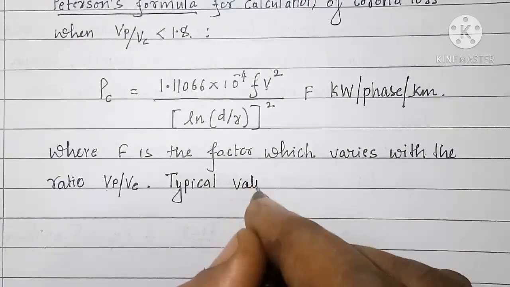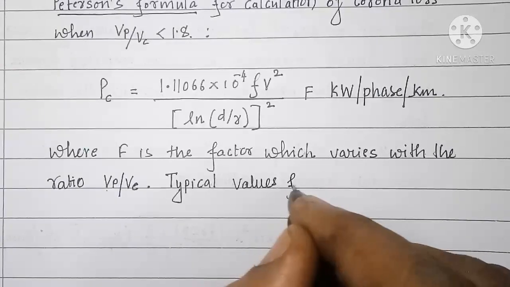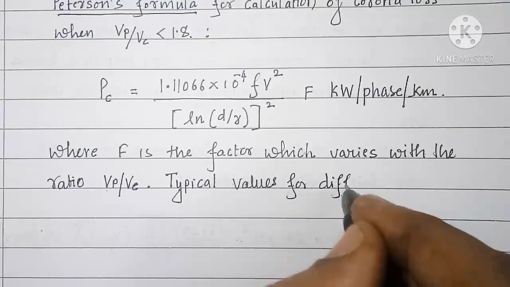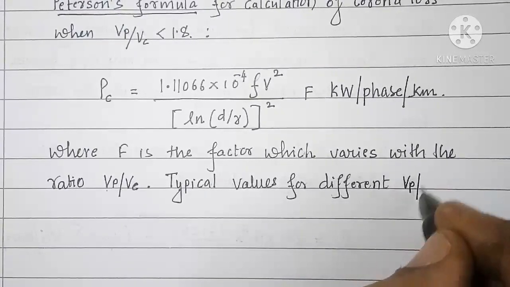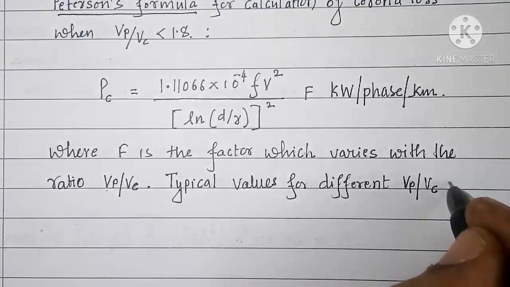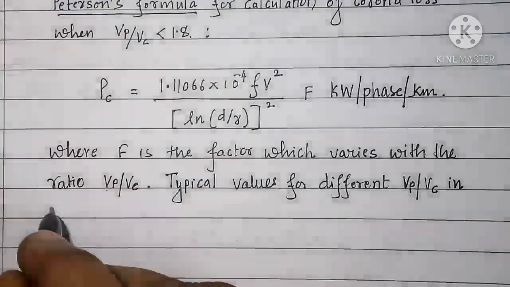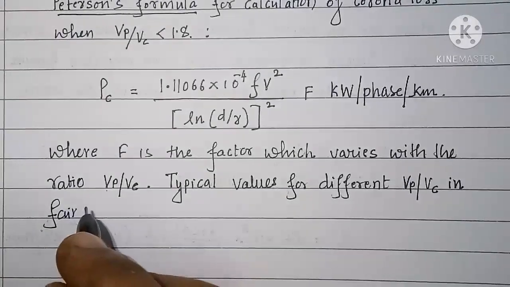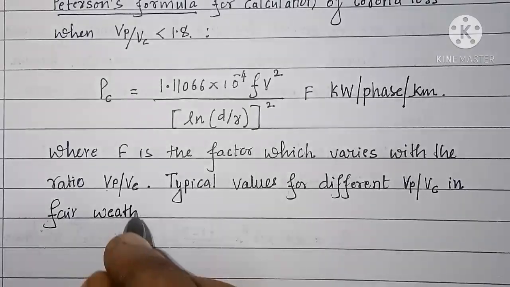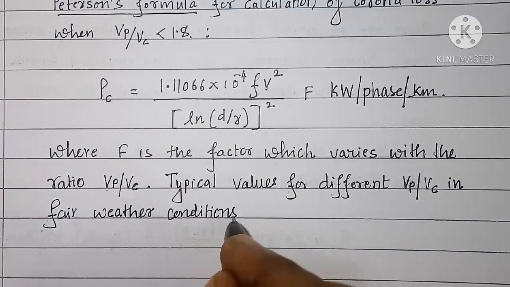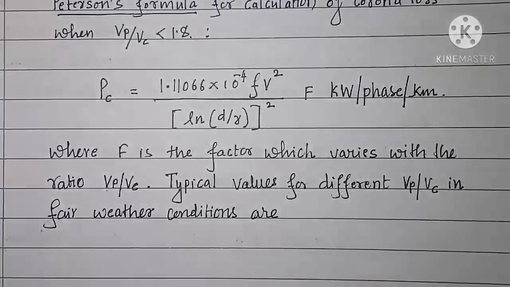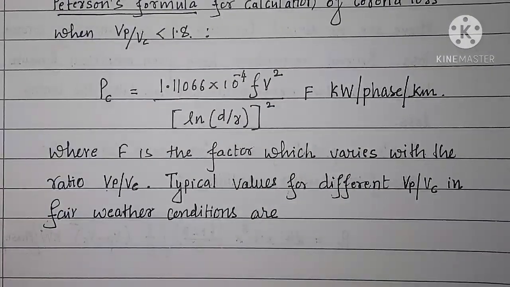Typical values for different Vp by Vc in fair weather conditions are, we'll write these typical values for different Vp by Vc in a table.